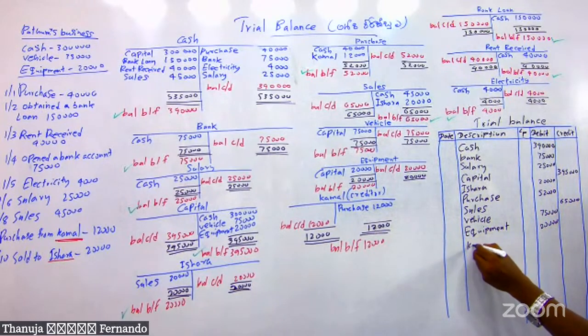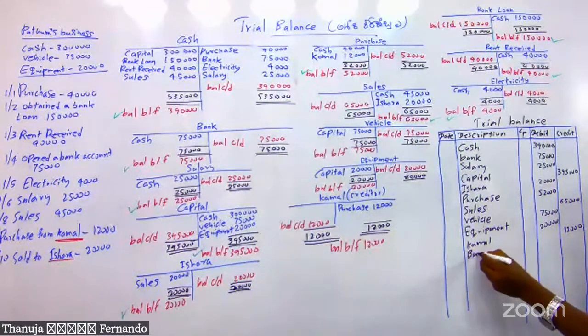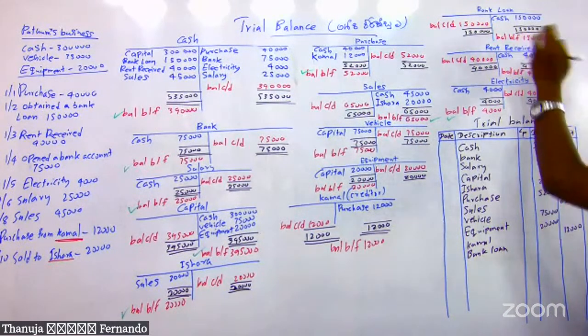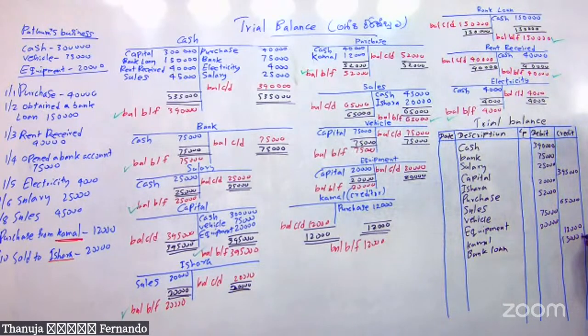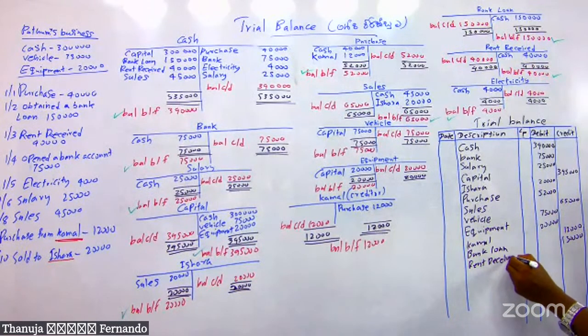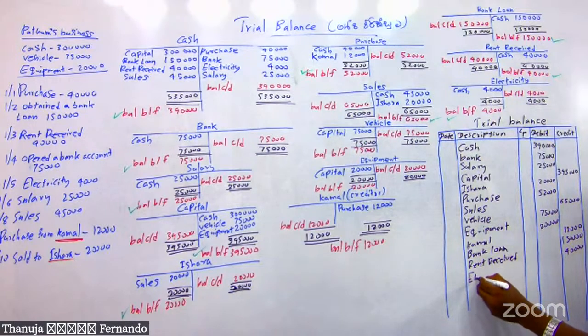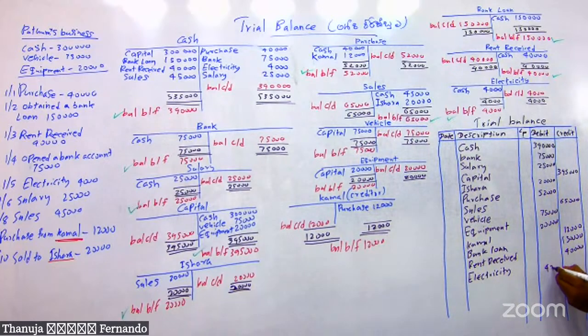Then Kamal credit 12,000. Then bank loan credit 150,000. Then rent received credit 40,000. Then electricity debit 4,000, right?